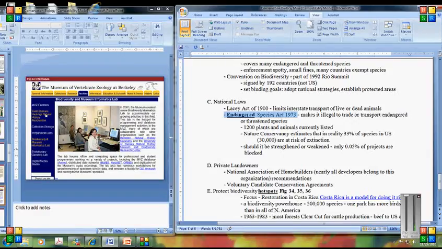This is what I mentioned in class today. If something is legally classified as endangered, then a whole host of laws come into play to protect that. Again, this is the important thing to know, that we do have laws to protect species and so forth, although they're constantly under challenge.